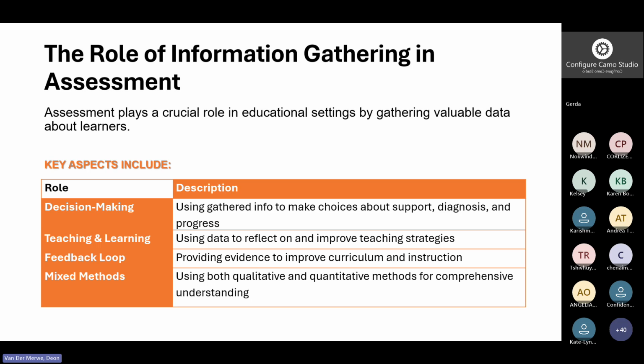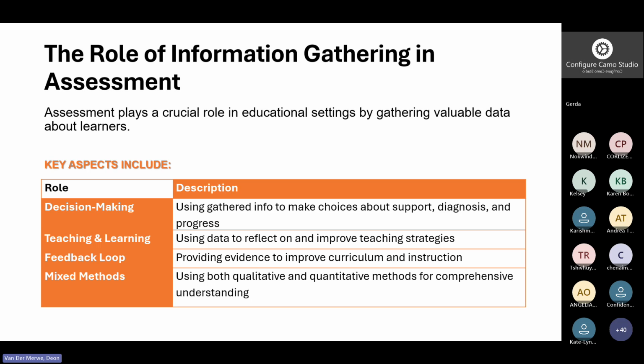So let me just break down how information gathering plays a vital role in assessment across the assessment process. I've highlighted some of the key roles of information gathering in assessment. The first of that is decision making.